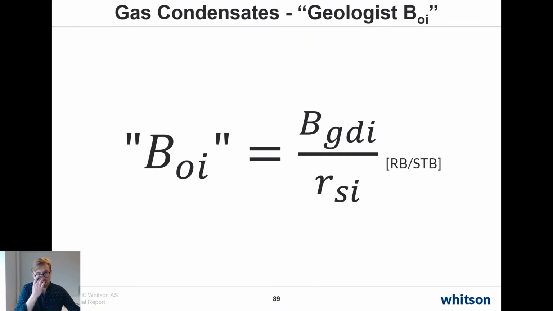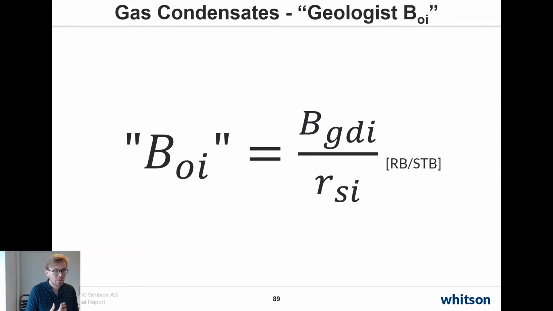Good. So the next thing that's not a secret, but not that well known, is that you can actually take a reservoir gas phase and calculate a so-called BOI, which is a formation volume factor for oil, but apply it to gas condensate reservoirs in this exact same manner.